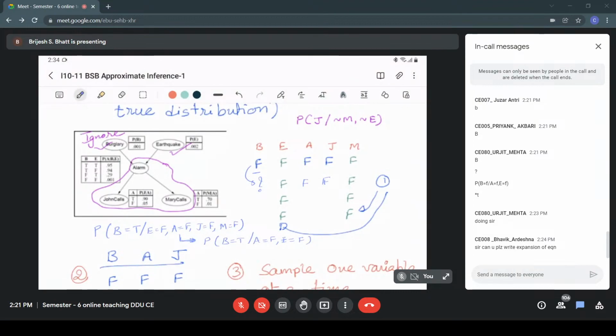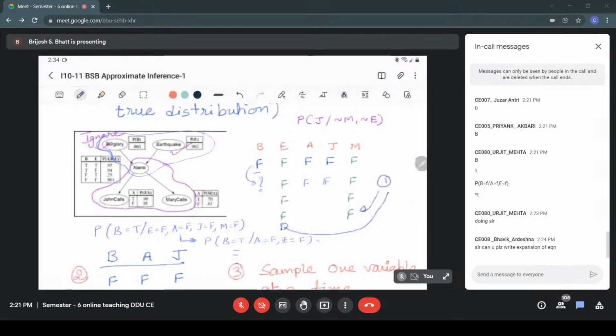Bhavik is asking, can you please write the expansion of the equation? Yes. So probability of B is equal to true given A is equal to false and E is equal to false. Now if you want to write the expansion of this, I need to look at the joint distribution of B, A and E. So the joint distribution of B, A and E is known to us.